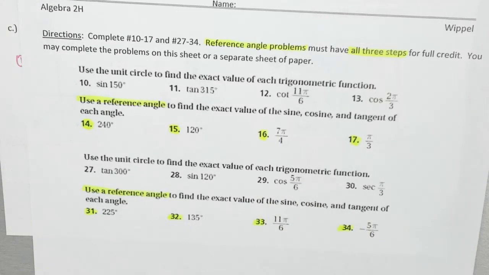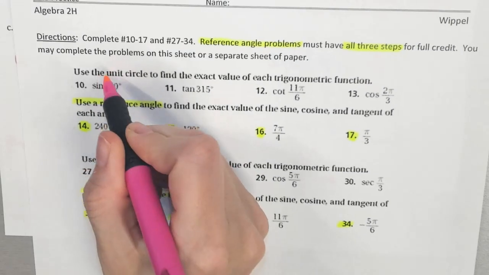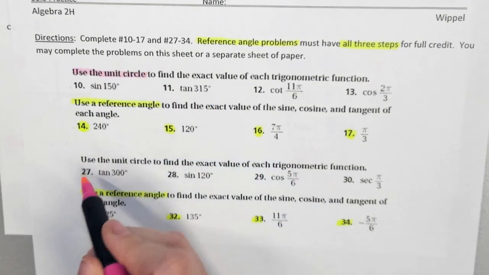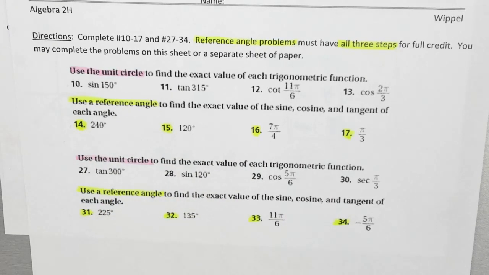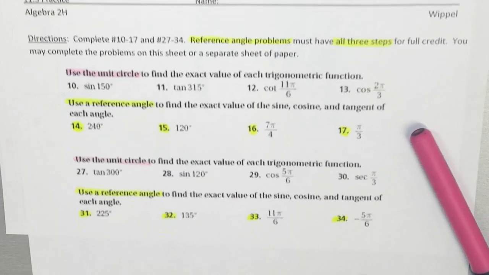Okay, the 3 steps are drawing the angle to find the reference angle, step 2 is finding the sine, cosine, and tangent of the reference angle, and then adjusting the signs for your quadrant. When it says use a unit circle, you can use your unit circle for those. So if you want to knock those out first and put them right on your paper, you can.